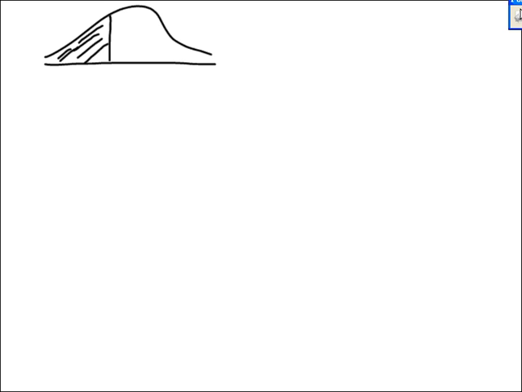Some tables will give you the area to the middle. Given a score, it'll just give you the area to the middle. Z-scores give you area.